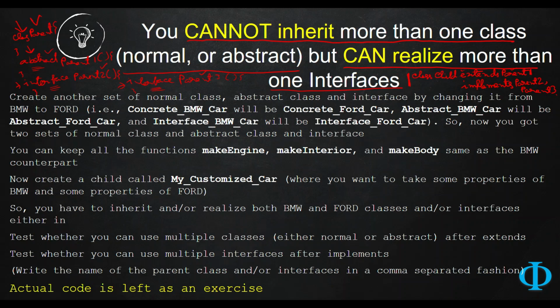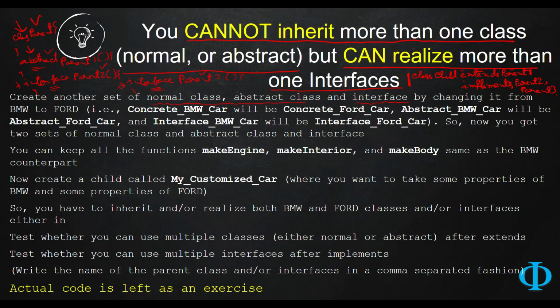This is basically an extension of the previous exercise that you have done in the previous video. Here you need to create another set of normal class, abstract class, and interface, to test with multiple different abstract classes, multiple different concrete classes, and multiple different interfaces, and understand which one is throwing an error and which one is not.